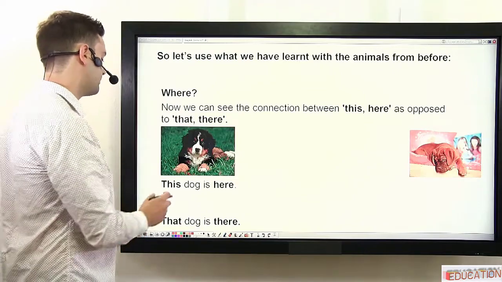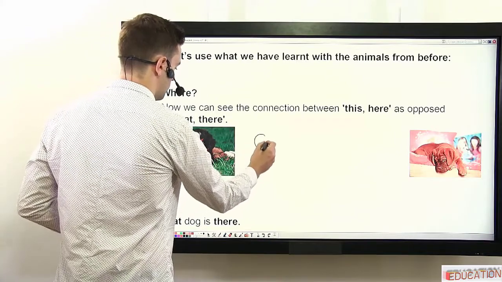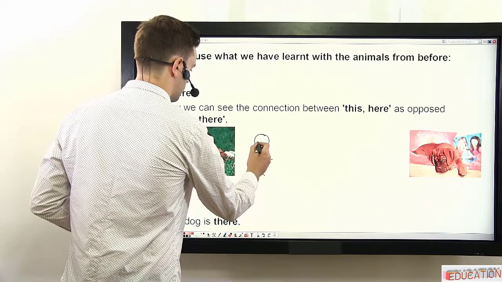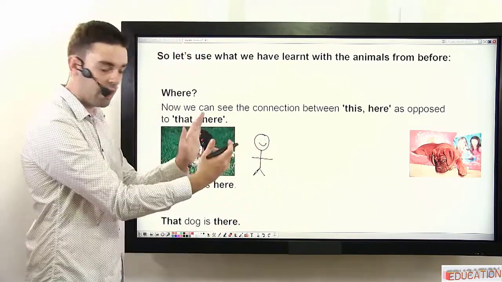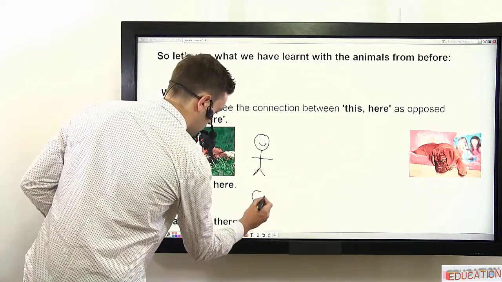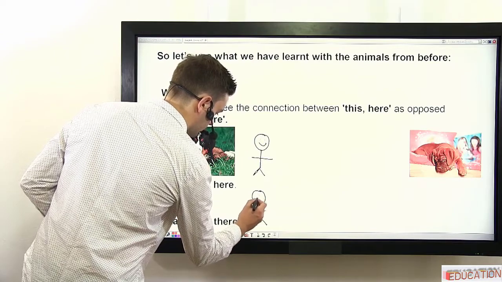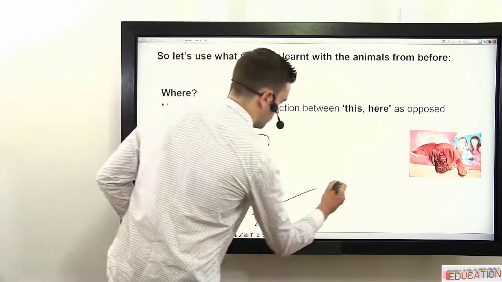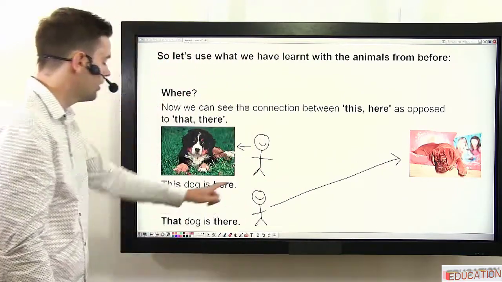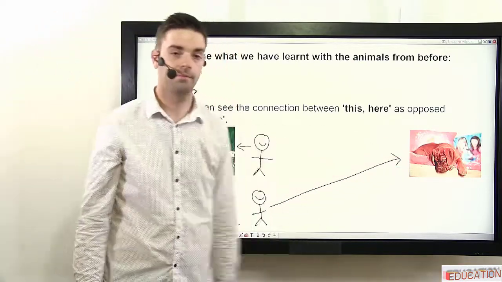So, this dog is here. They're close by. That dog is there.